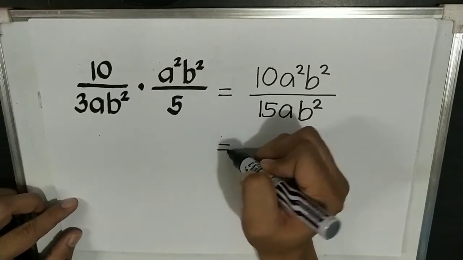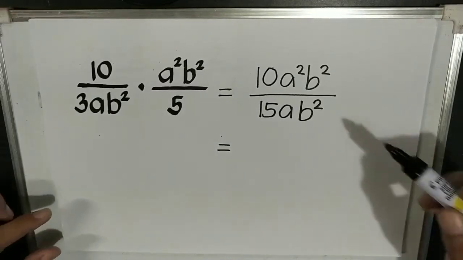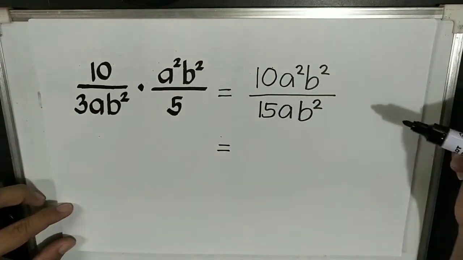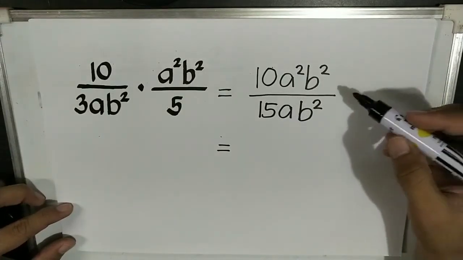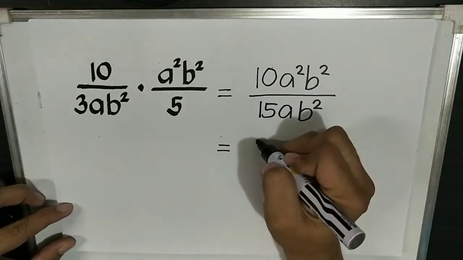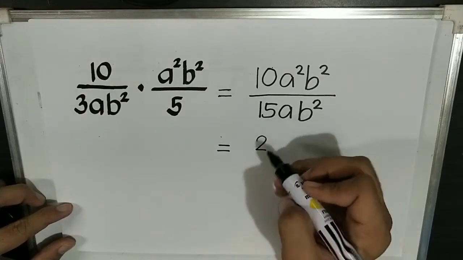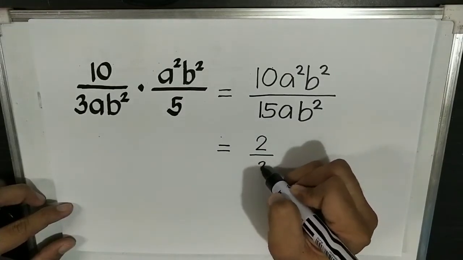Next, we have to simplify first the numerical coefficients by writing it in simplest form. 10 and 15, the greatest common factor is 5. So 10 divided by 5 is 2. 15 divided by 5 is 3.